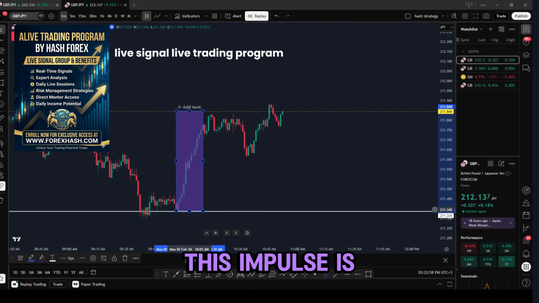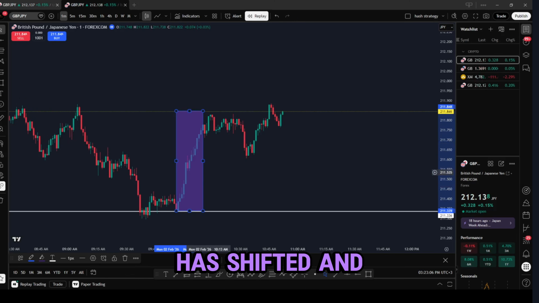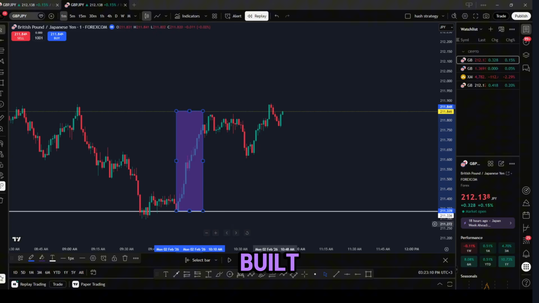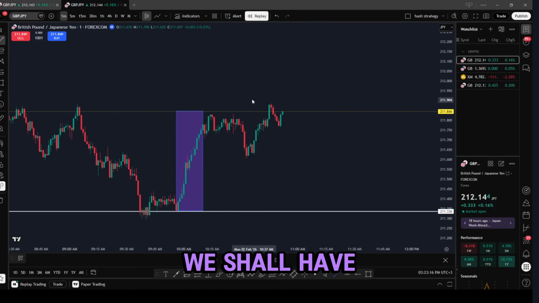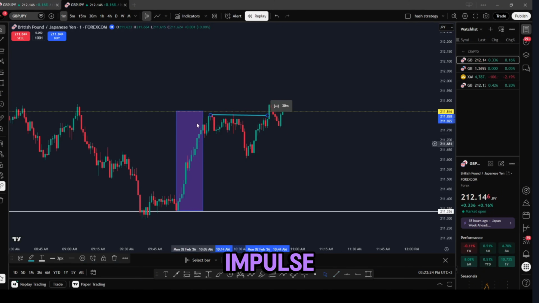This impulse tells me that the buyers are active, the order flow has shifted, and most importantly, structure is being built. And when this trend 1 is formed, we have our high being created at that zone.